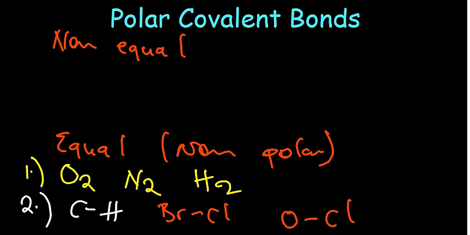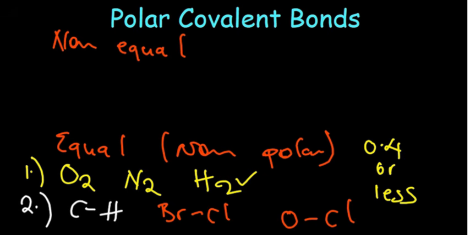Now I'm going to introduce you to looking at the difference in electronegativity as a way of classifying bonds as polar and non-polar. For non-polar, provided the difference in electronegativity is less than 0.4, so 0.4 or less is non-polar. So with atoms of the same element, the difference is zero, which classifies them as non-polar.